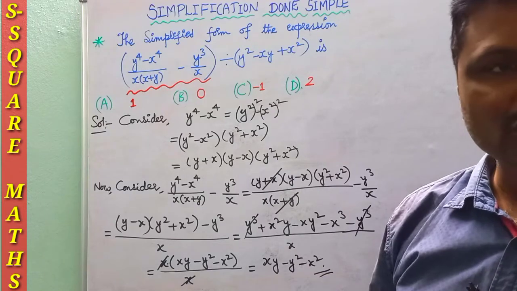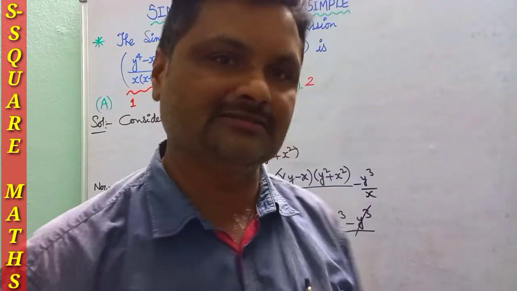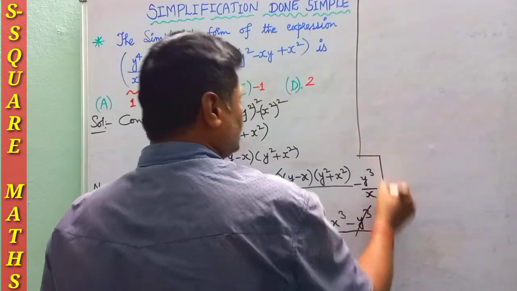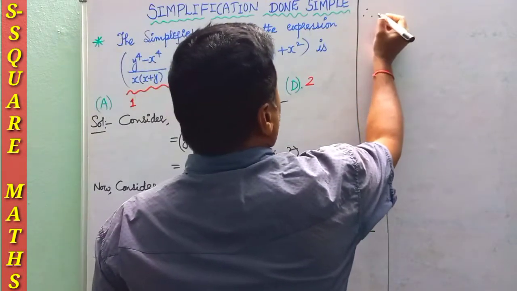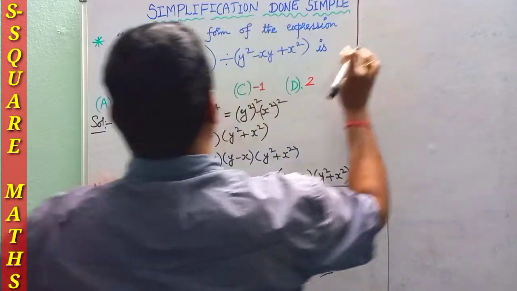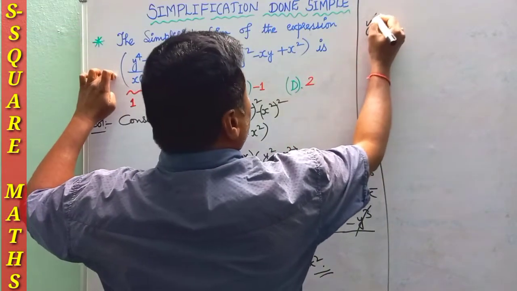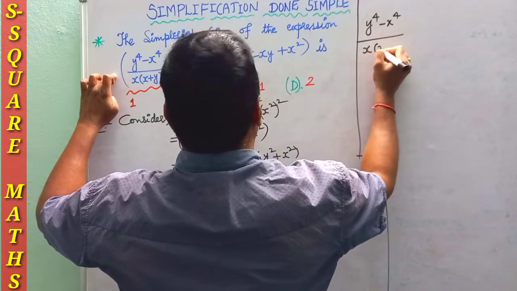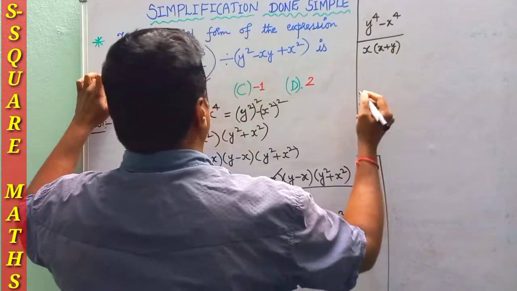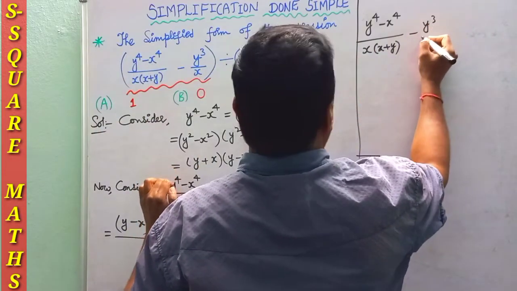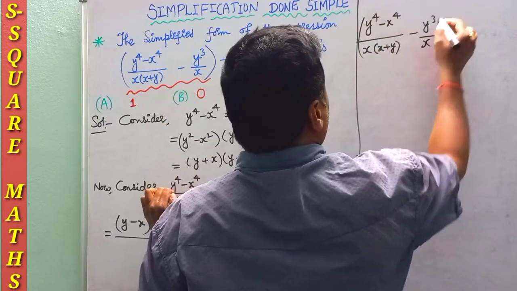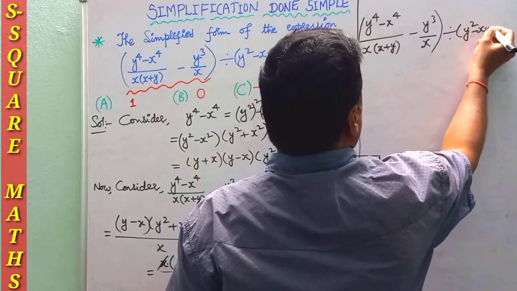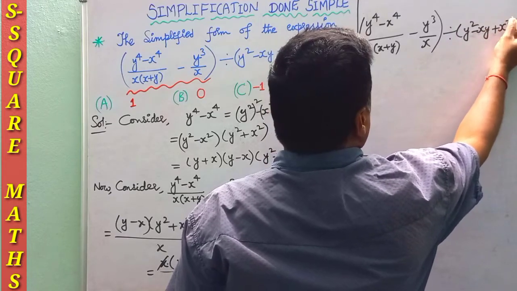Now I am going to consider the whole expression. My expression is y power 4 minus x power 4 by x of x plus y, minus y cube by x, divided by y square minus xy plus x square.